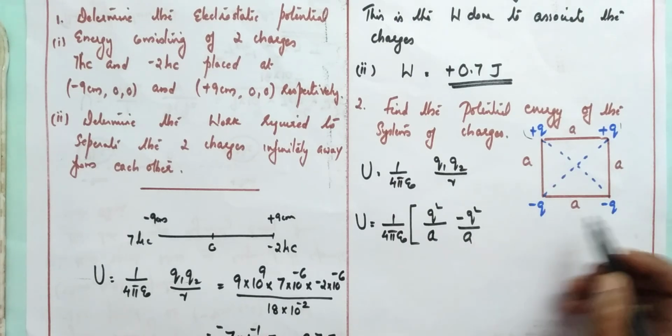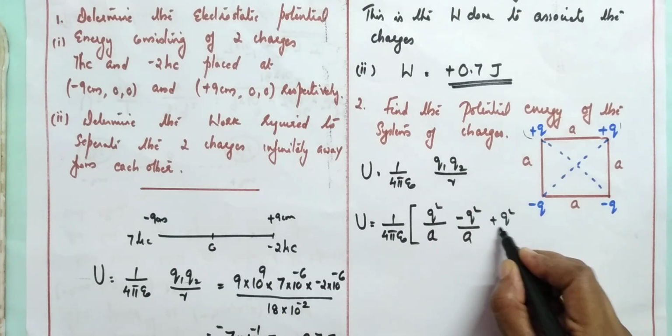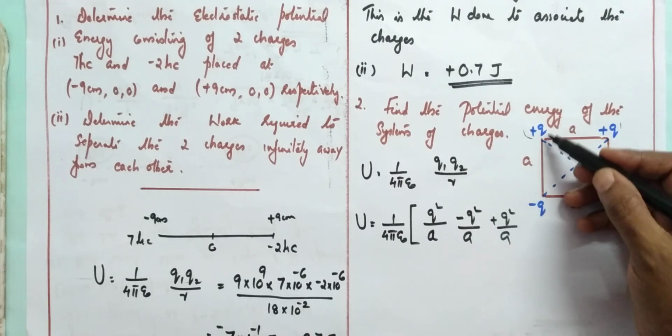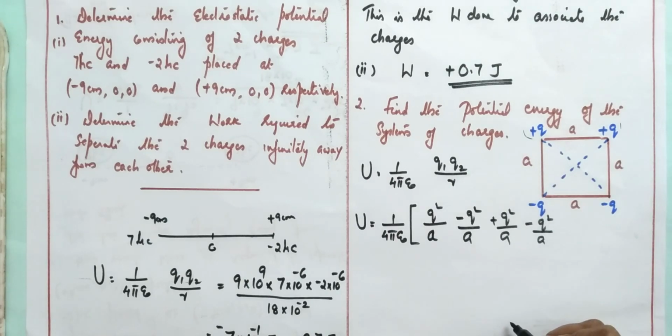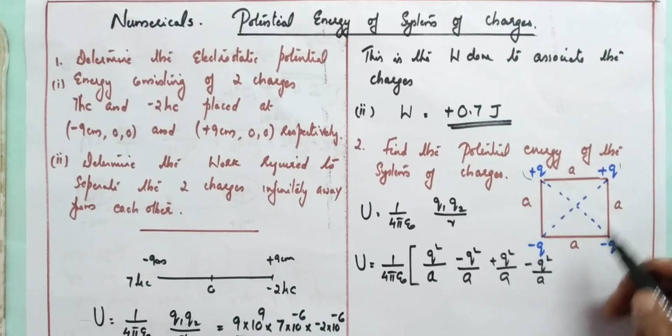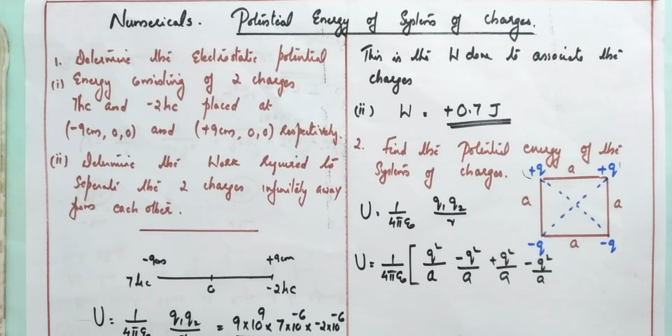Again plus Q and minus Q gives minus Q square divided by A, and minus Q and minus Q gives plus Q square divided by A. And diagonal wise, what is the distance between plus Q and minus Q?